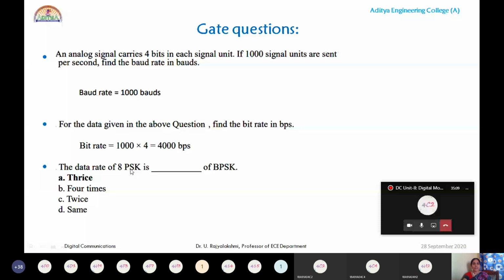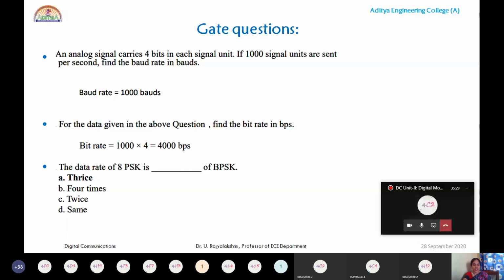The data rate of 8-ary PSK is dash times that of BPSK. Please always remember that you should know what data rate is. Data rate is the signaling rate, information rate, or transmission rate.